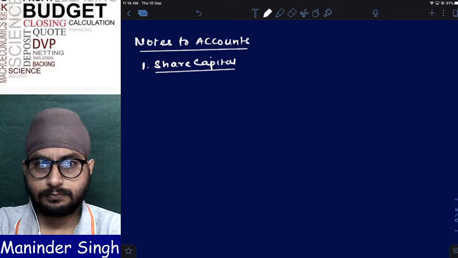The only difference between amalgamation in the nature of merger and amalgamation in the nature of purchase is that assets will be taken at different value and some reserves will not be taken. Did I tell anything about share capital? No, right? So share capital will remain same.